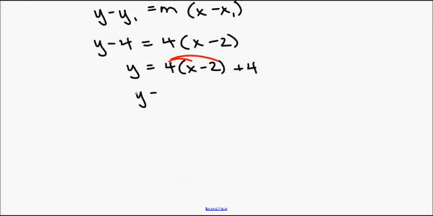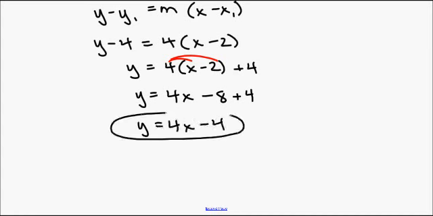And we are left with y equals 4x minus 8 plus 4, or 4x minus 4. So this is the equation of the tangent line at (2, 4).